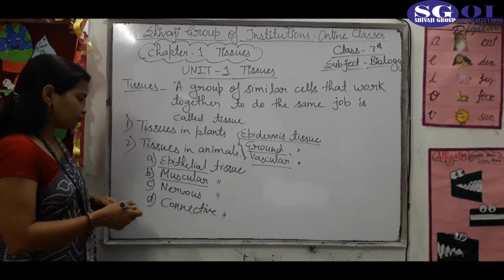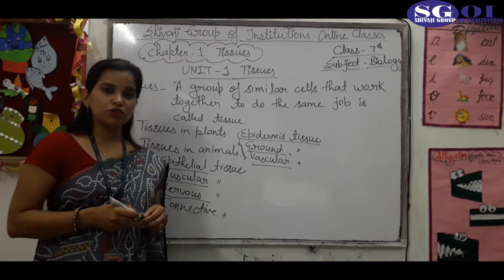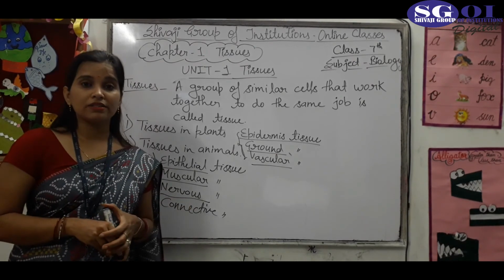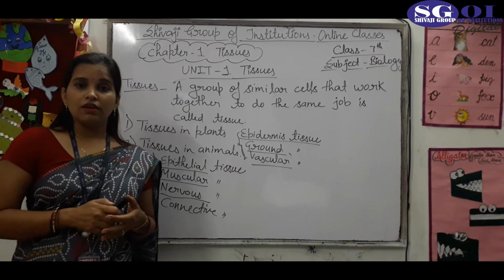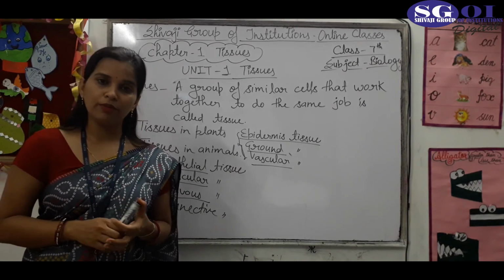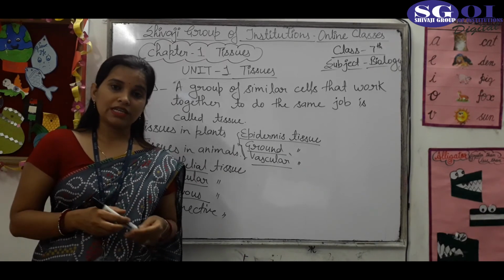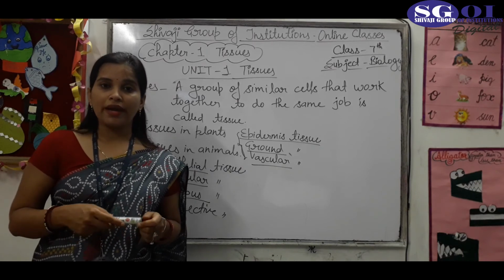Okay students, next is the nervous tissue. Actually the nervous tissue is the main tissue because it conducts the messages from one part of the body to another. You know students, all the functions which are carried out by a human being or animal are because of its brain. Brain is the thing which gives the messages to perform any task.